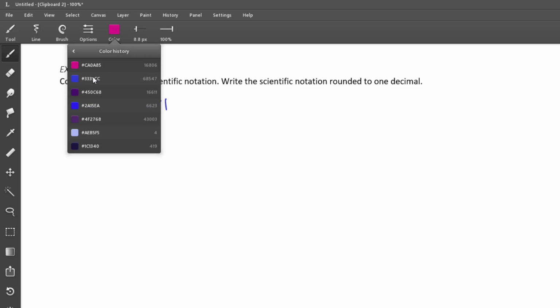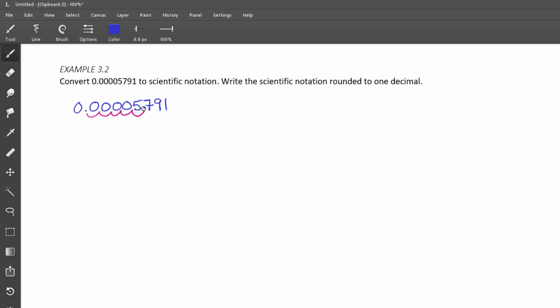The reason I'm going to put it here is it's going to put one non-zero digit to the left of that decimal place. So that's going to get that first part of my scientific notation to be between 1 and 10. How many hops did I make? 1, 2, 3, 4, 5.